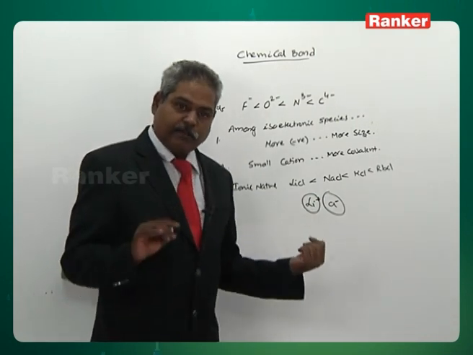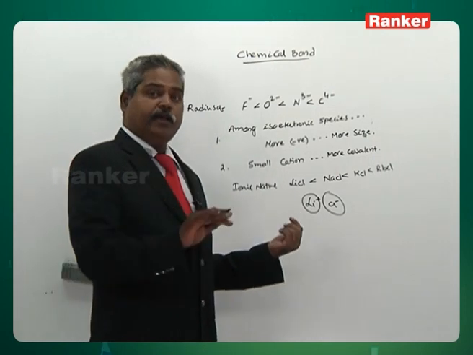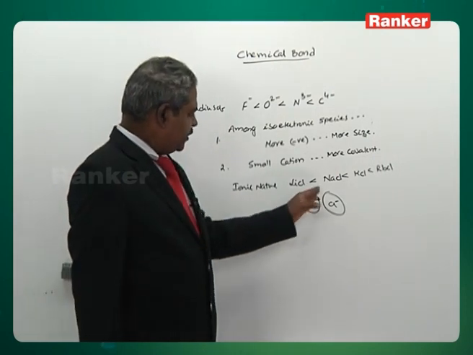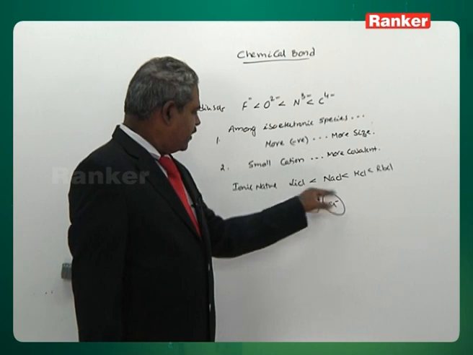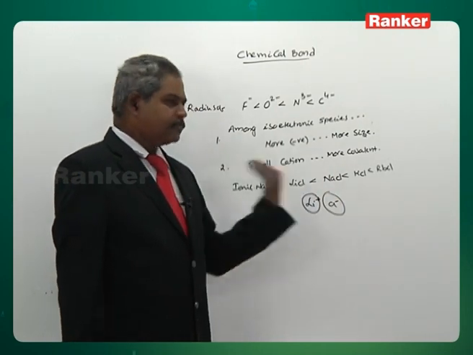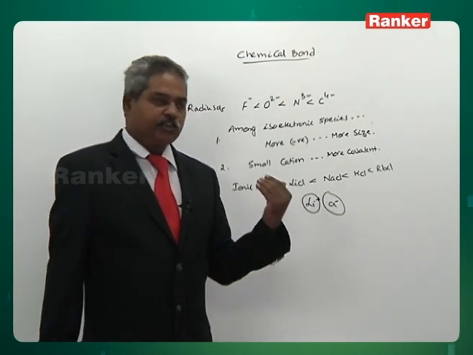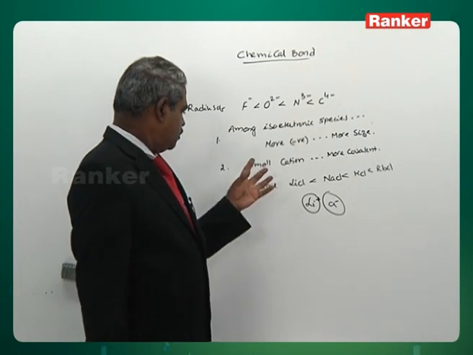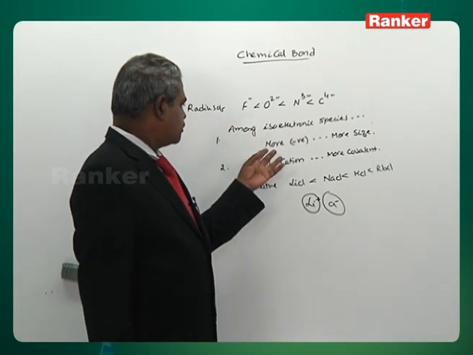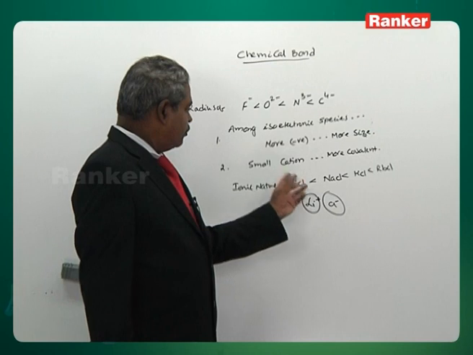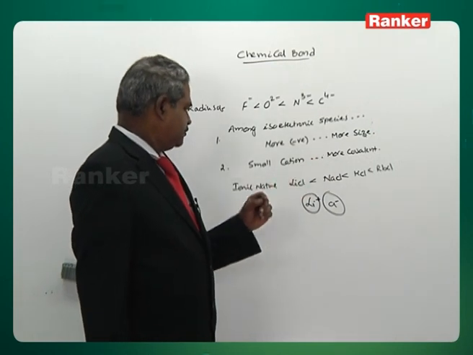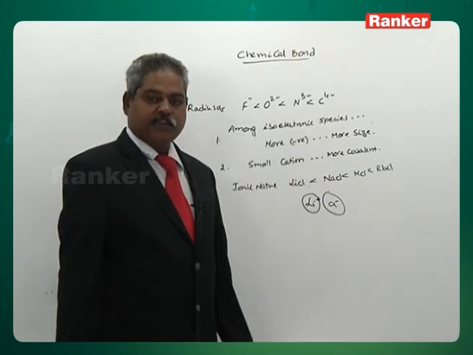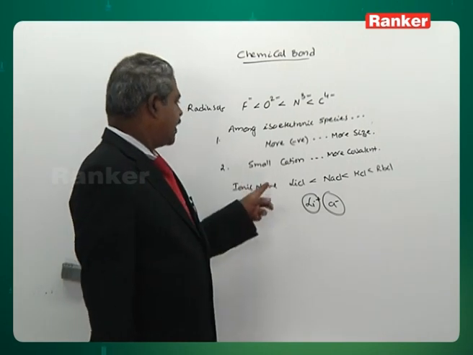It is very highly polar, but not completely. So, lithium gives and takes. What is that give and take nature called? Giving and taking is nothing but sharing. The sharing nature is called covalency. So, among isoelectronic species, more negative, more size, more positive, less size, and small cation, more covalent.